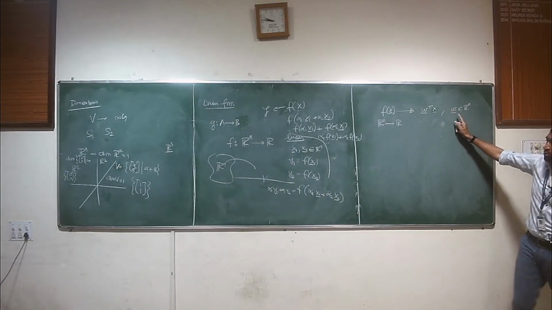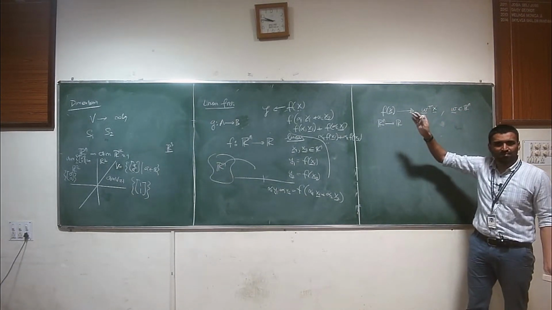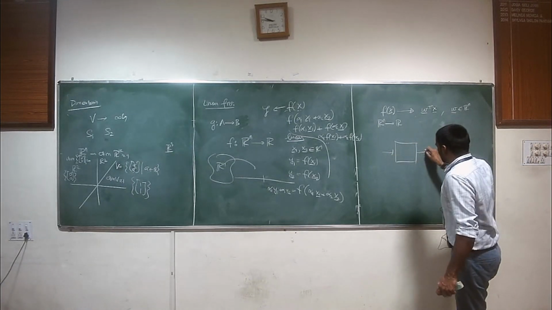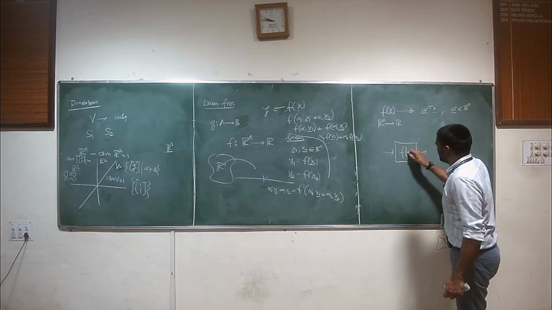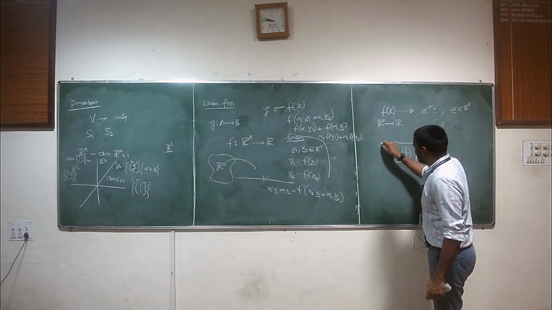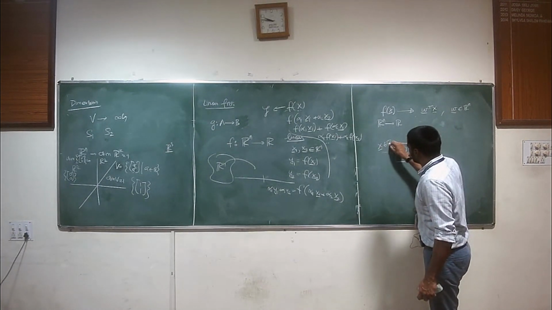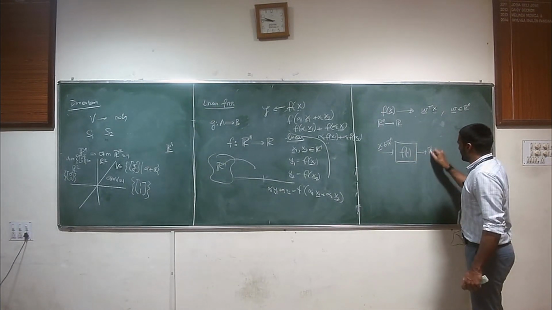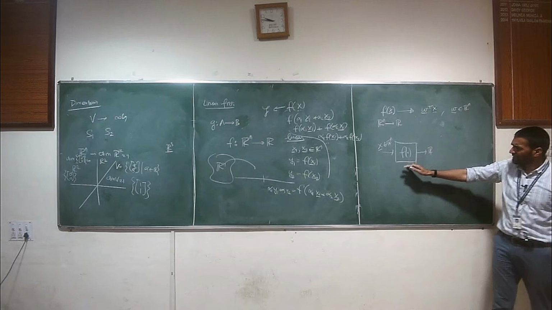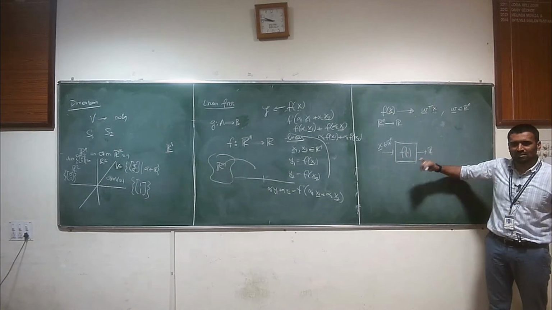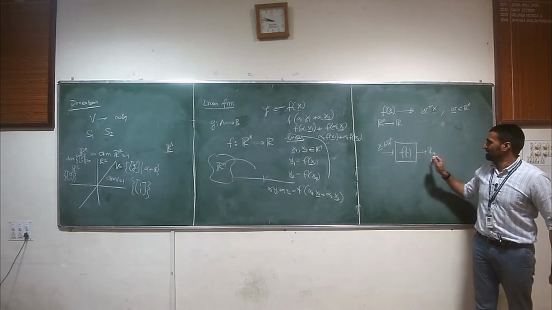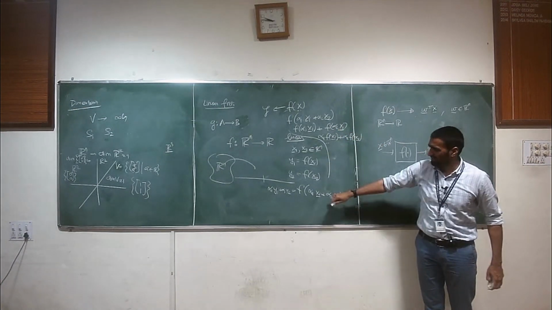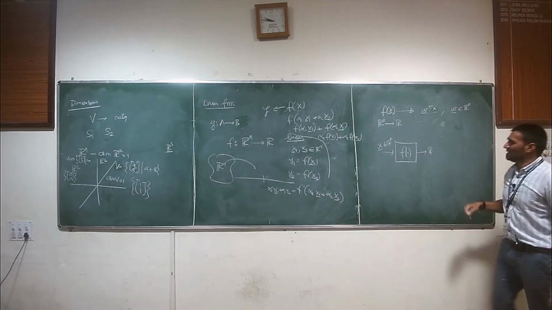This is a constant. So if f is some fixed function, let's say somebody gives you this black box, and if you give any vector from Rn here, this box will simply spit out a real number. And apparently this black box satisfies linearity. That means it satisfies the superposition property.